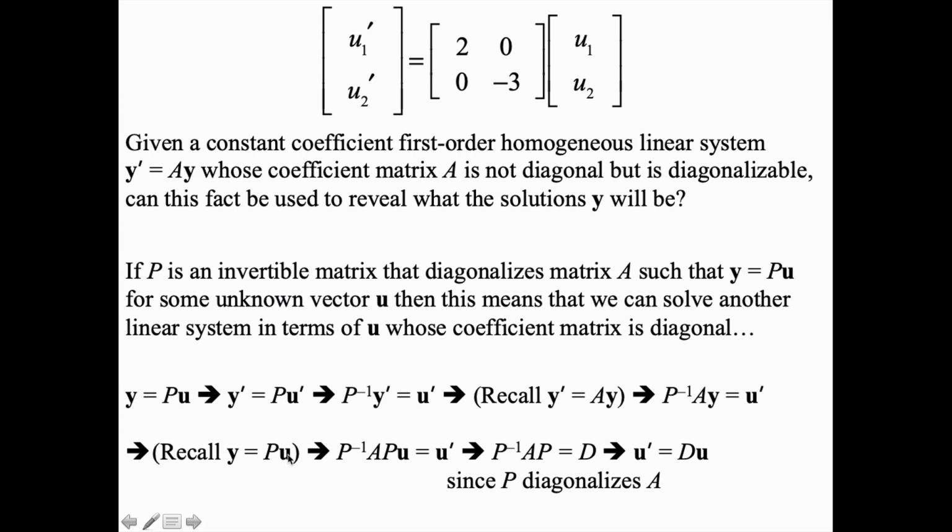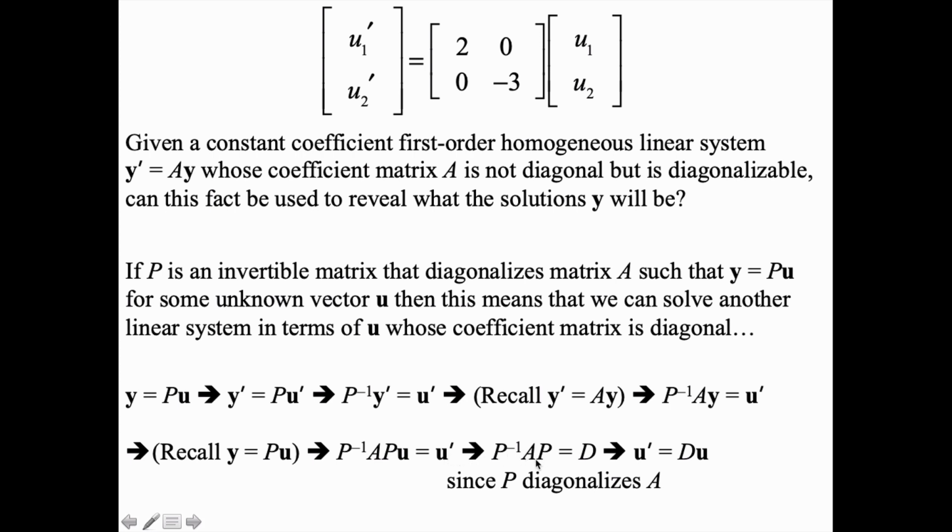And if we do that, we make a substitution. That is, here we have y, and now we're going to substitute y equals P times u. So now we have a familiar face: P inverse AP, which is a very familiar structure that you studied when we looked at diagonalization. P inverse AP times u equals u prime. Wait a second.